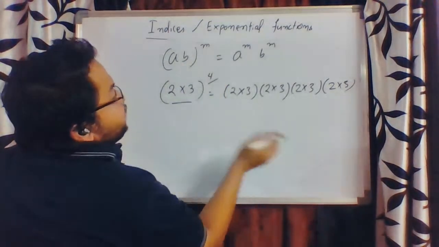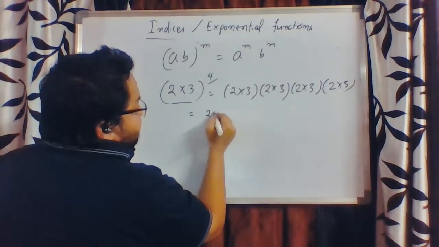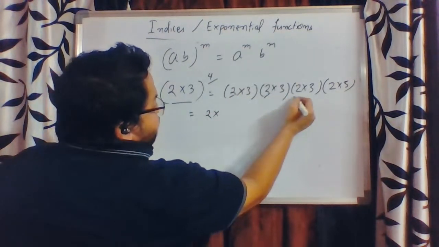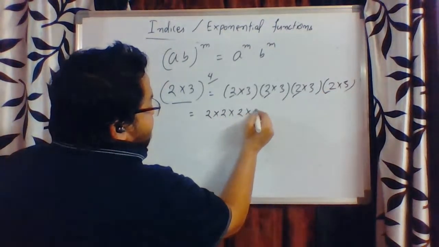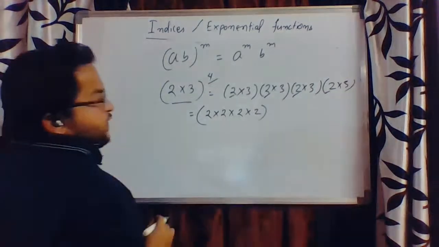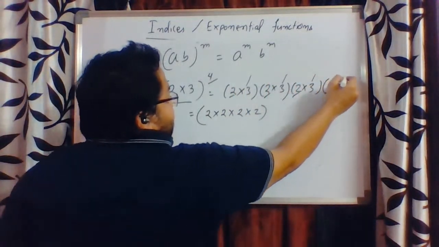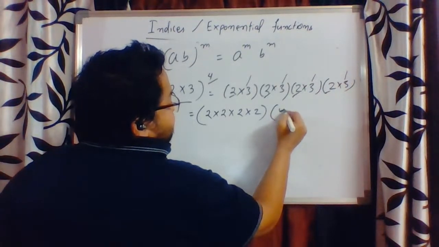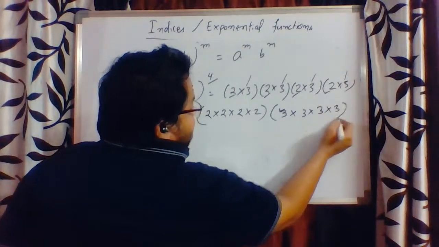Now, again using the associative and commutative property, I can take all twos together. So I have 1, 2, 3, 4, four twos, all four twos came together. Similarly, I have 1, 2, 3, and 4, four threes. So 3 into 3 into 3 into 3.